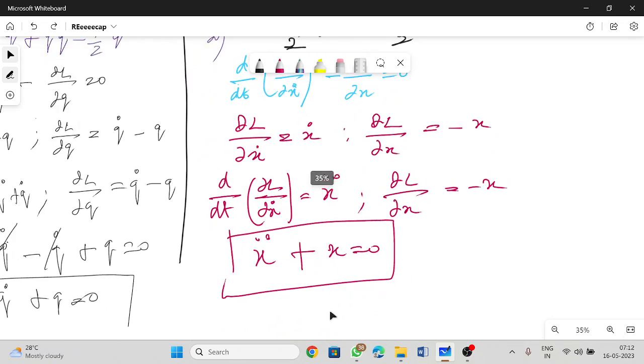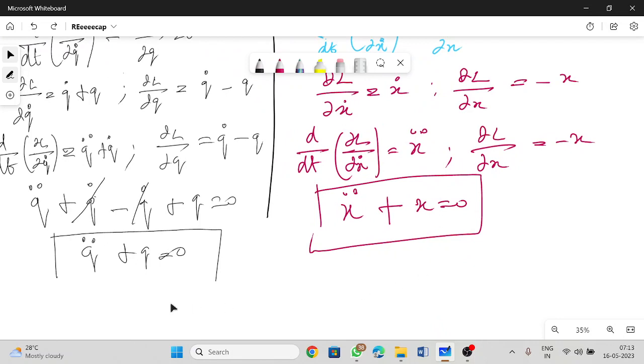So you can see x double dot plus x equal to 0. Once you observe these two equations, the coordinates are different, right? If you replace q with x and q dot with x dot, you are able to get x double dot plus x is equal to 0 here, right? So for a system you may have n number of Lagrangians.